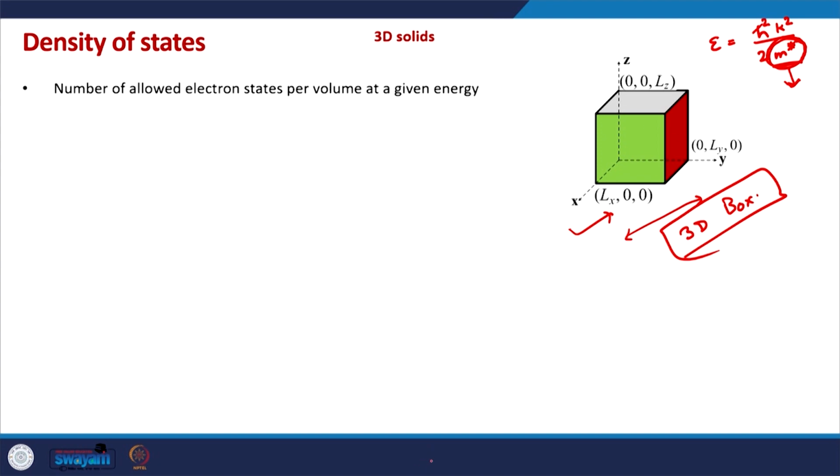In order to calculate the density of states, that is, how many electronic states would exist at a given energy, we need to start with the solution of the Schrodinger equation. This kind of solution we have already done.